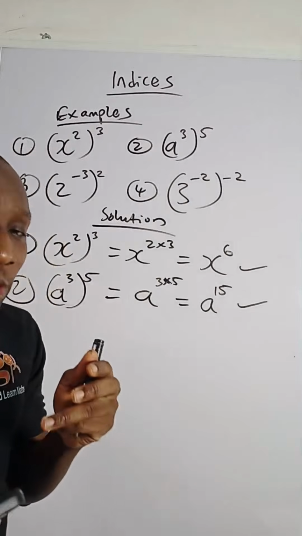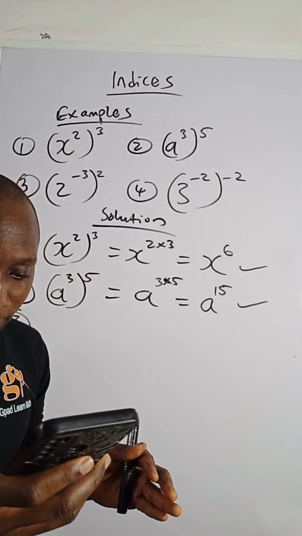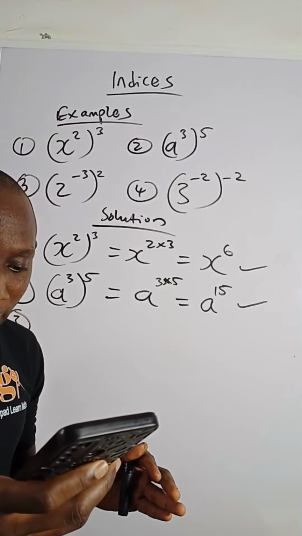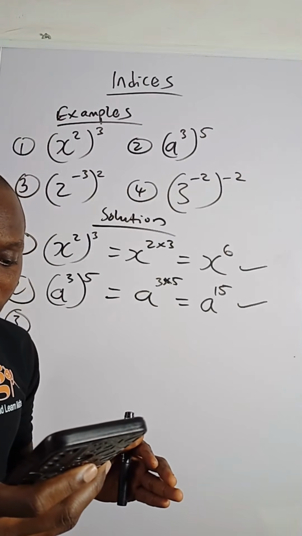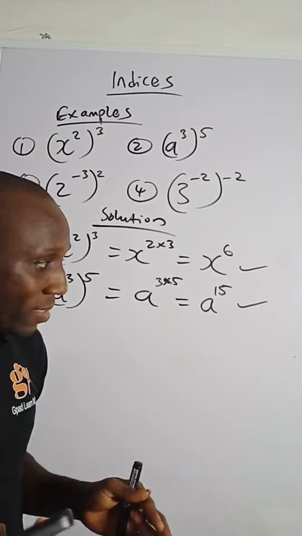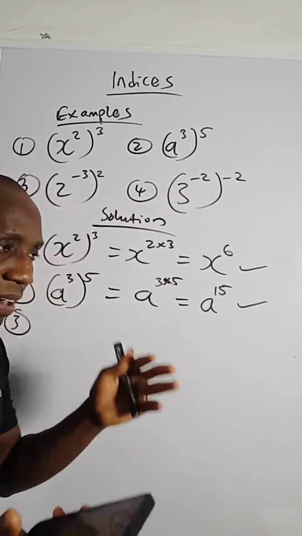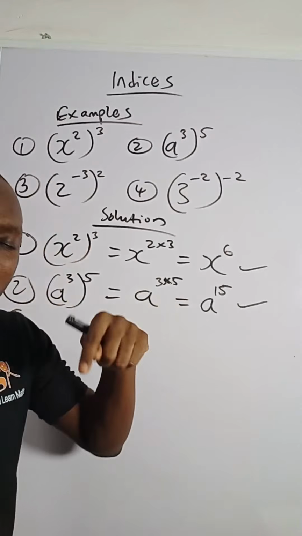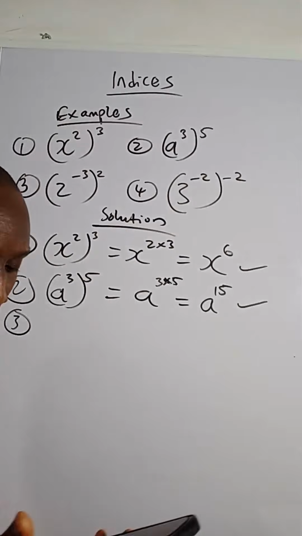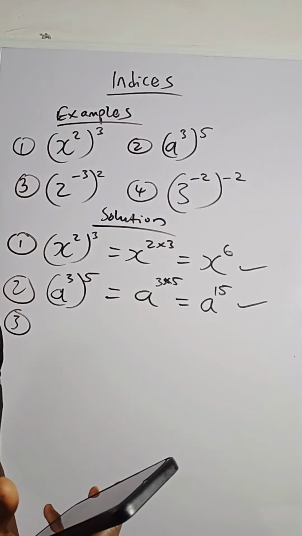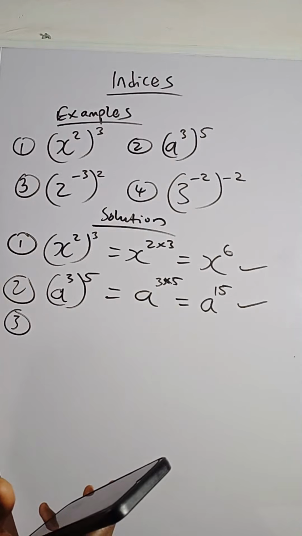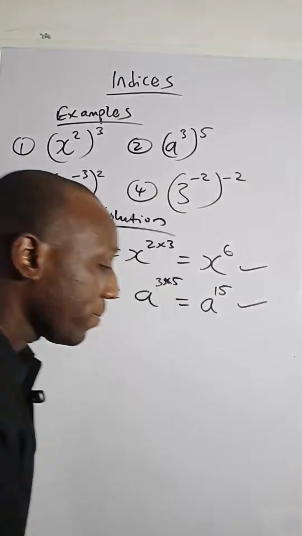Okay, but can you do something else? You can still simplify it further. You have a negative index. Why not use the negative index law or rule?